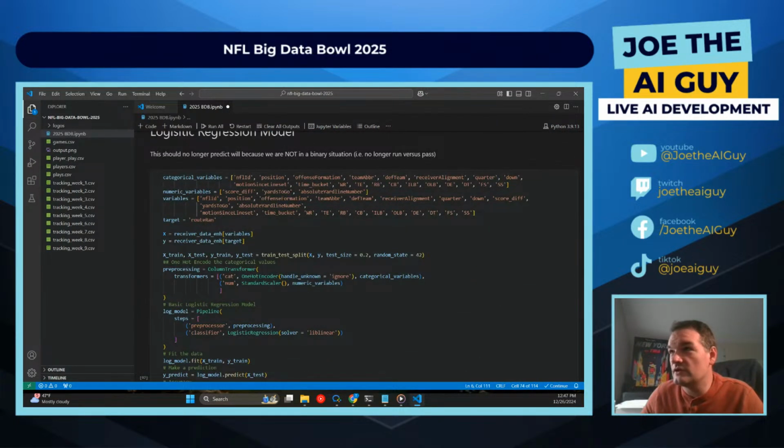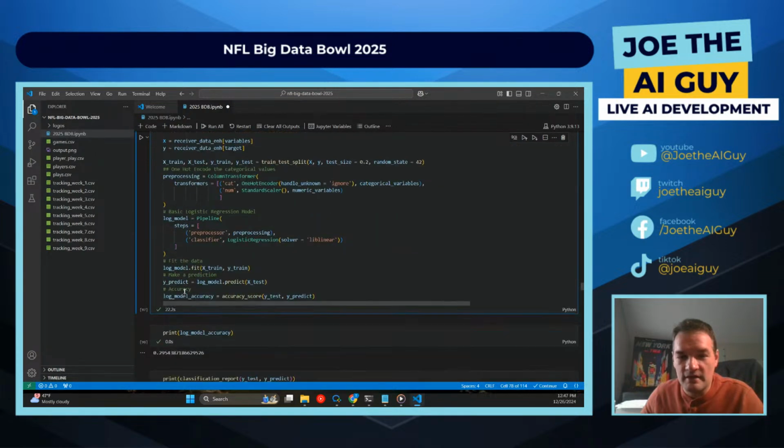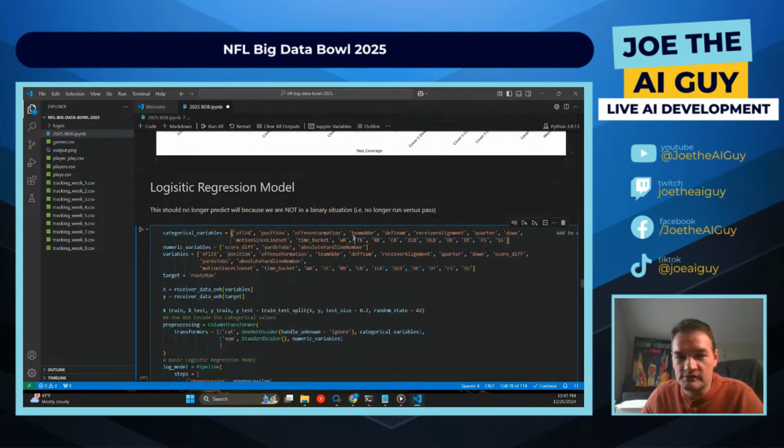on the given play. So if I look at what I've got here, we have all the defenders listed out, but it didn't really add much in terms of predictive power. If we know the pass coverage now, does that change what we get in terms of the prediction?